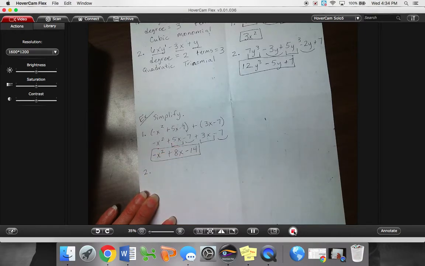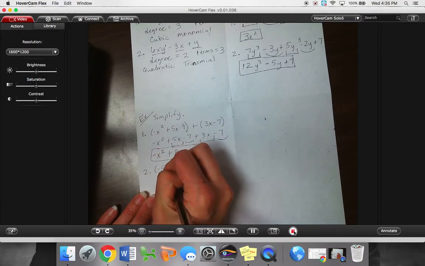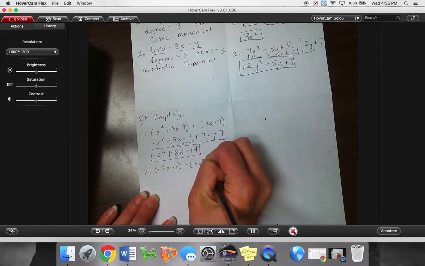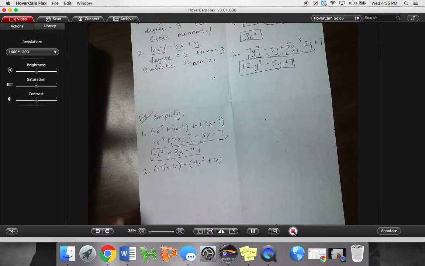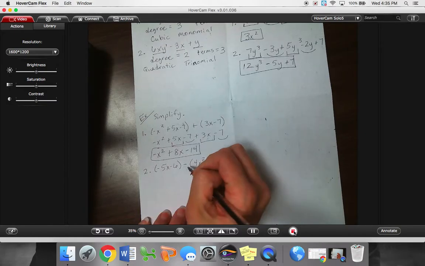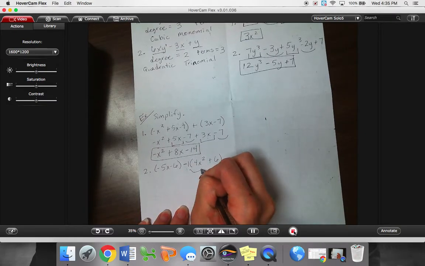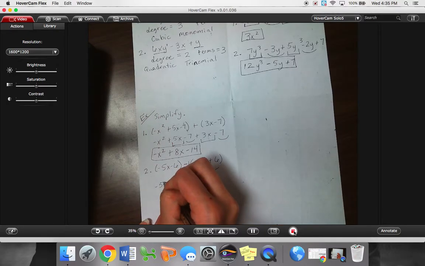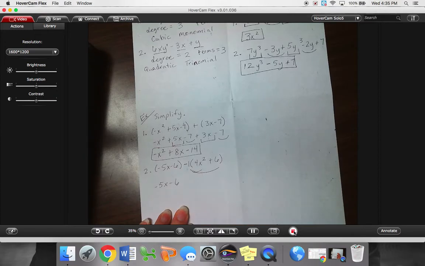Number 2, negative 5x minus 6 minus 4x squared plus 6. Now this one is more difficult. When we subtract, we have to think of this as a negative 1 to distribute. So the first part is not going to change. Negative 5x minus 6 stays the same.